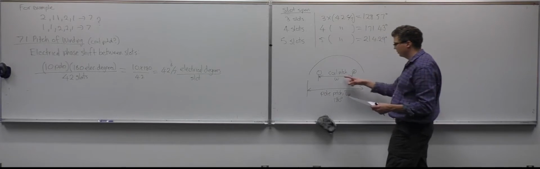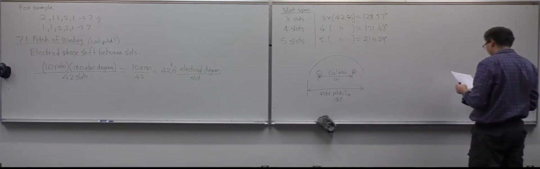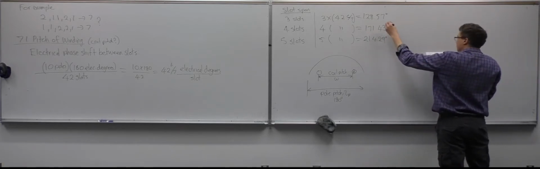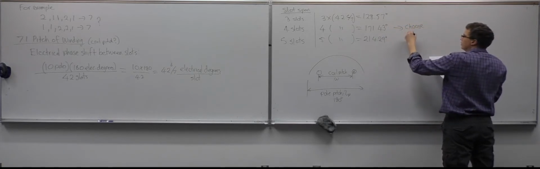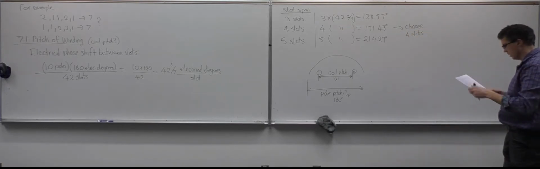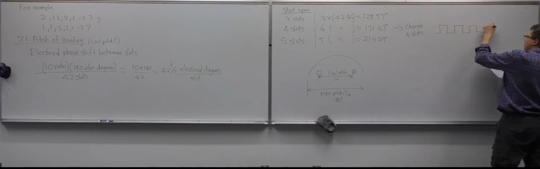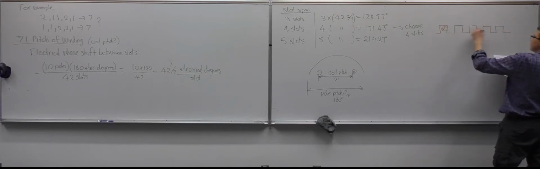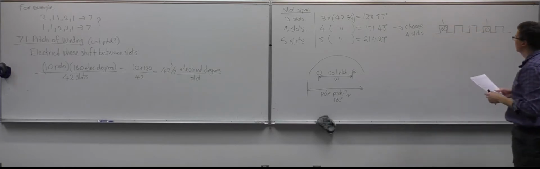We want the coil pitch to be as close as possible to 180. So 171 is closest to 180, and we're going to choose 4 slots to span, like that, okay?